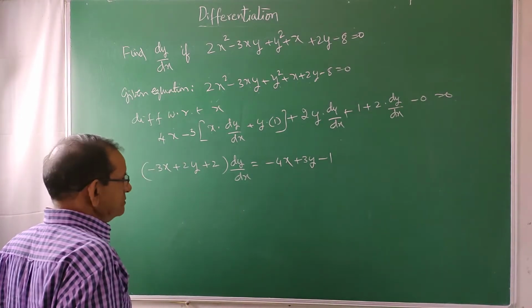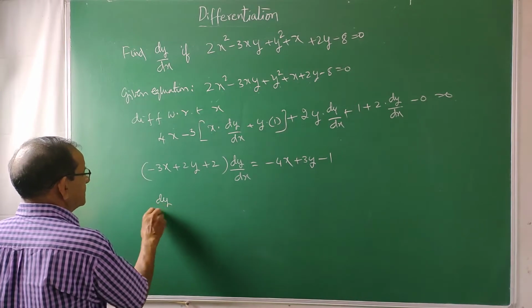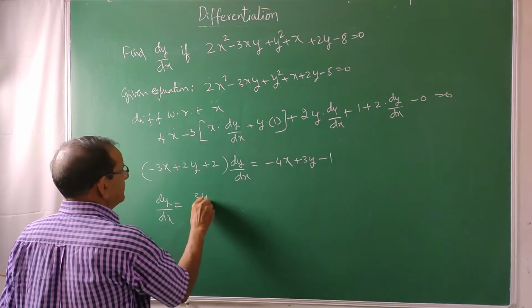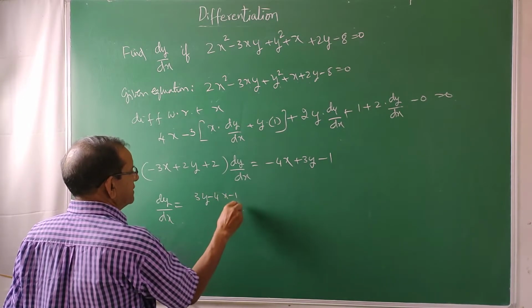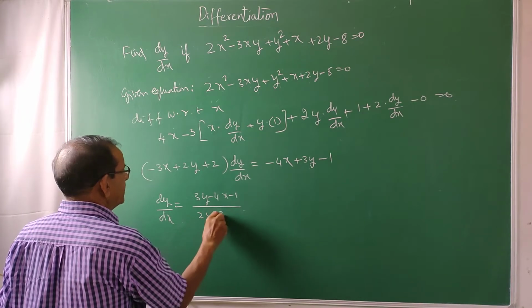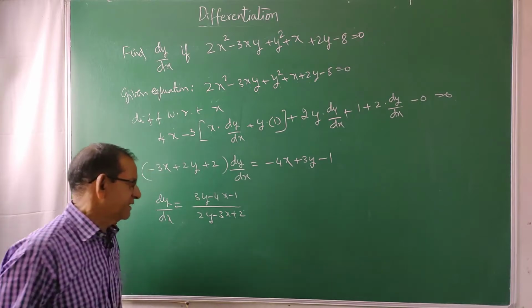Now dy by dx is equal to, you write 3y first, 3y minus 4x minus 1 by, here also let us write 2y minus 3x plus 2. So it is dy by dx.